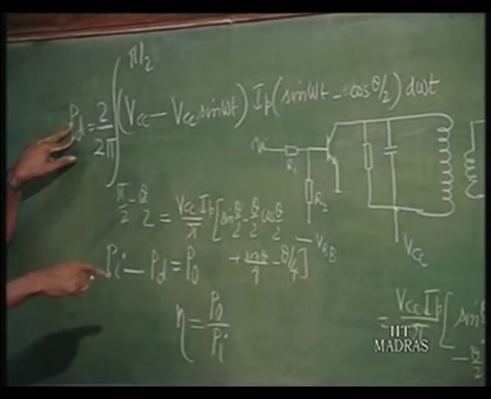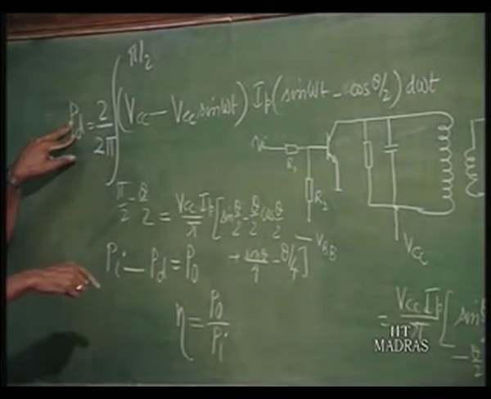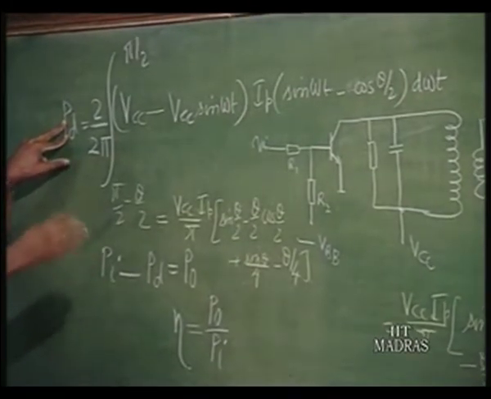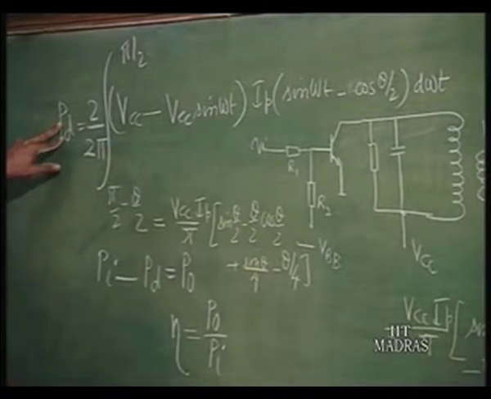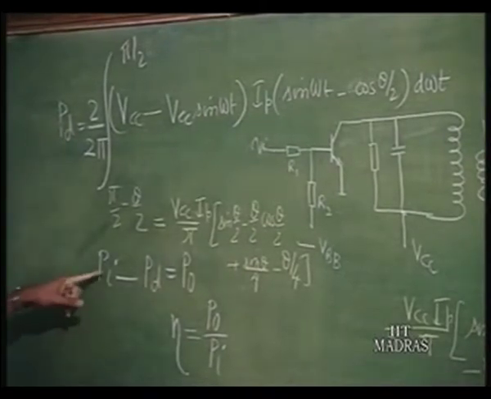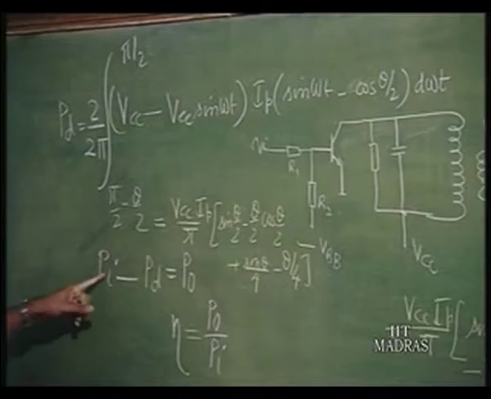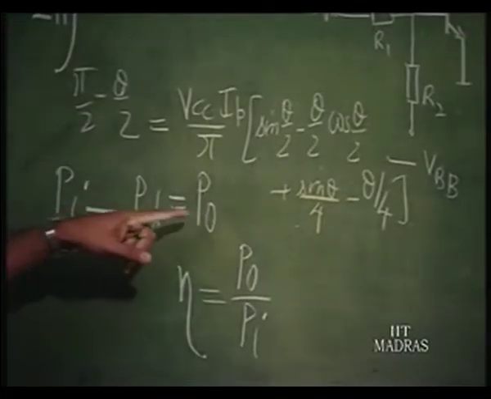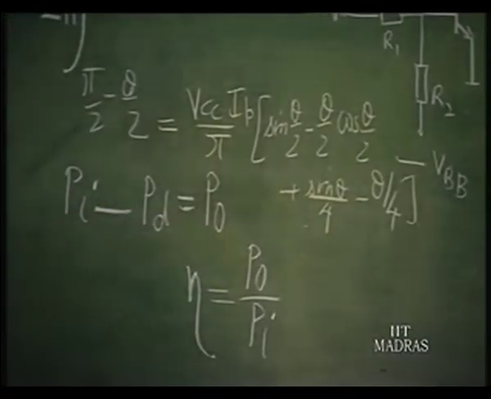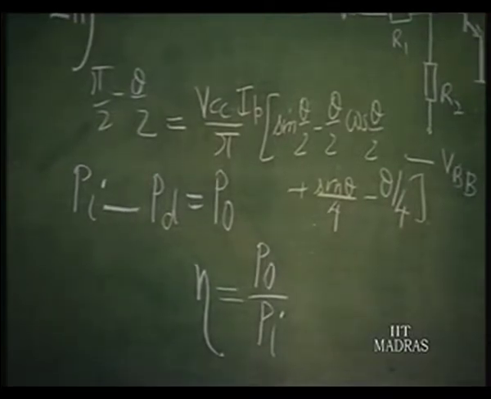This will be very helpful for you to find out what the transistor rating should be. Now, what we are interested in is power output. Power input minus power dissipated is power output, and we already have obtained the power input.